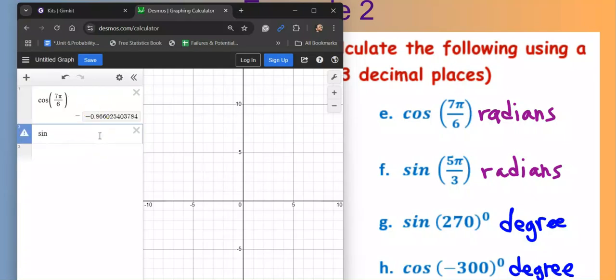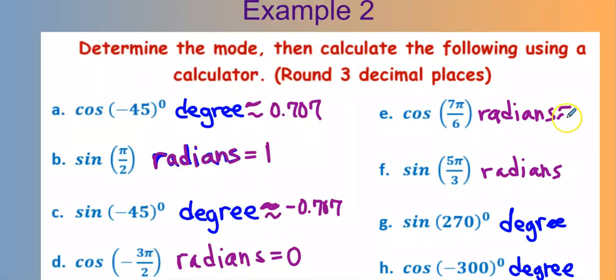We're going to do sine, parentheses 5 pi divided by 3. And we get an answer there too. Yay. So we get the same answer for both of them, right? So negative 0.866 for both of them.